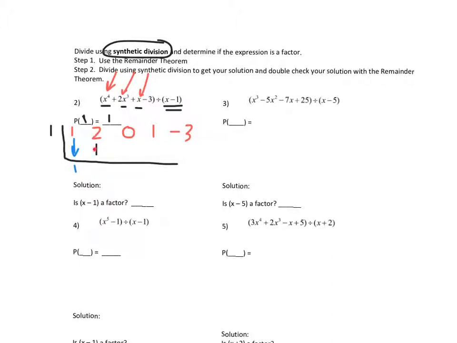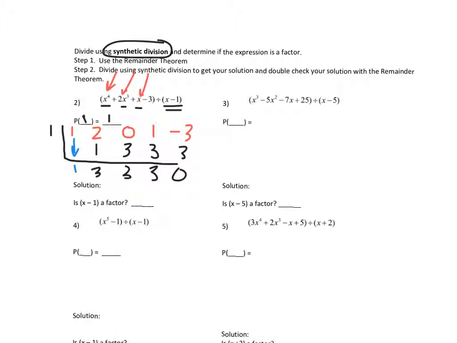Now you add vertically. 2 plus 1 is 3, and then multiply diagonally. 1 times 3 is 3, and now add vertically. 0 plus 3 is 3, and then multiply diagonally. 1 times 3 is 3. Add vertically. 1 plus 3 is 3. And then multiply diagonally. 1 times 3 is 3.